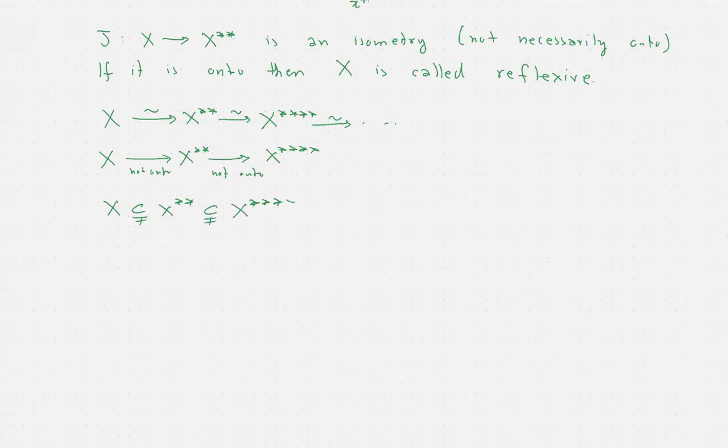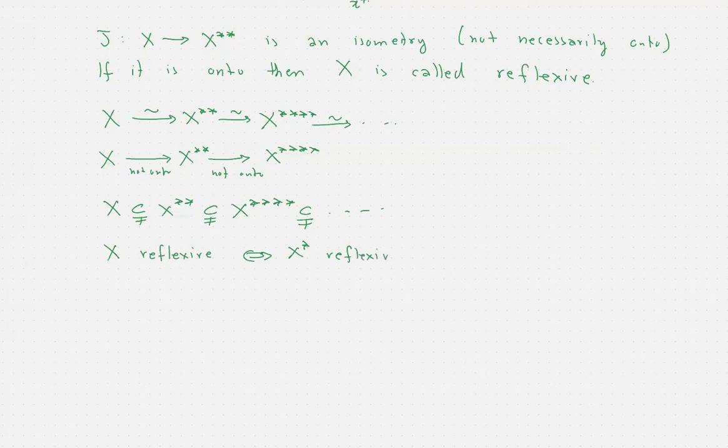Whereas if it's reflexive, this sequence doesn't give us anything new. And it can be shown that X is reflexive if and only if X star is reflexive. So reflexivity is a very important notion.